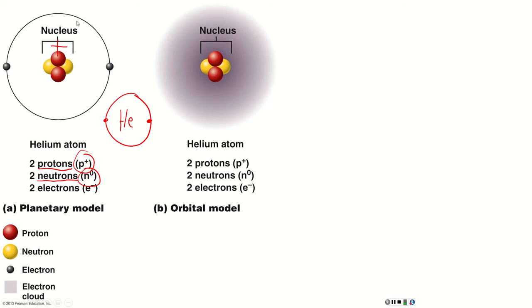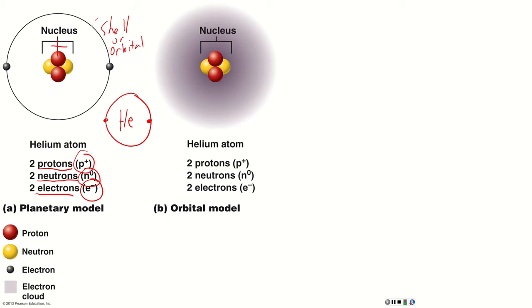Now, going around the nucleus of an atom are these small structures called electrons. Electrons have a negative charge, so sometimes they're written E with a minus sign next to it. And since we're talking about the planetary model, electrons travel in these rings called orbitals or shells.